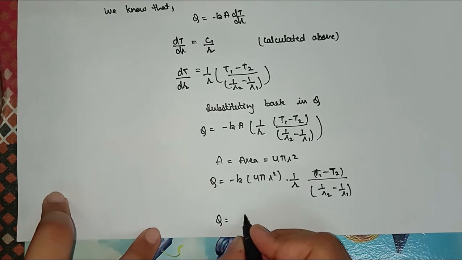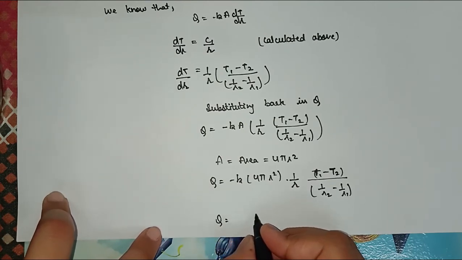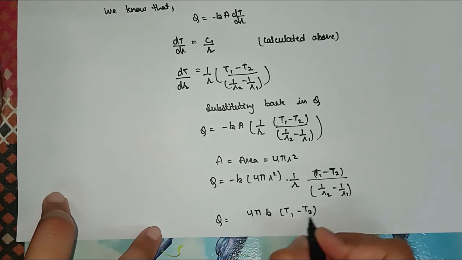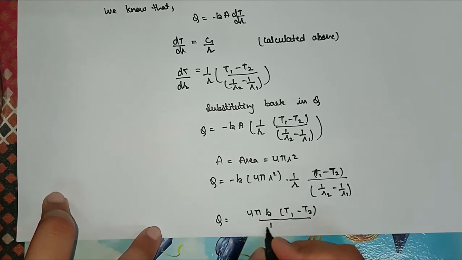Solving this, we will get Q equals 4 pi k (T1 minus T2) divided by (1/R1 minus 1/R2).